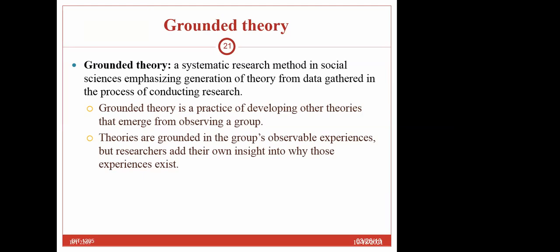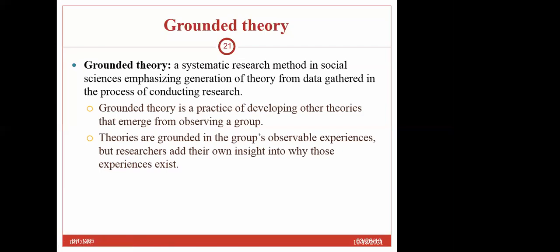So with grounded theory, you observe or you collect data, and then you look at existing literature, and then you come up with a theory. So the grounding is in that you are basing your work also on existing literature.